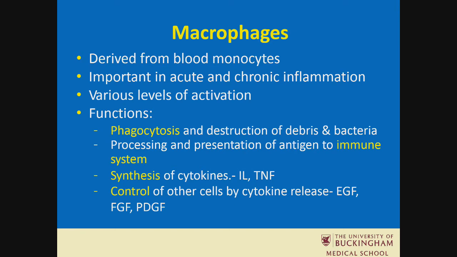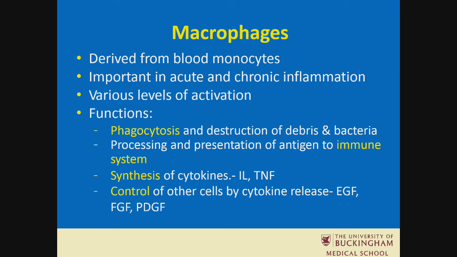And the functions of macrophages are many. Macro means large, phage means eater. So it is a large eater. First, as the name indicates, the function is phagocytosis and destruction or killing of microorganisms.